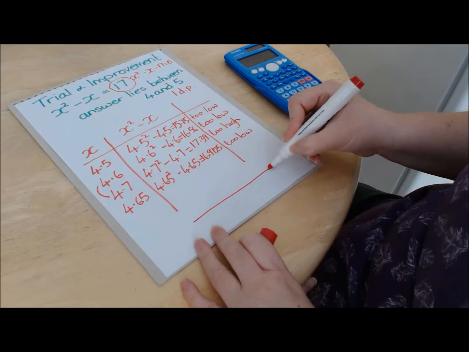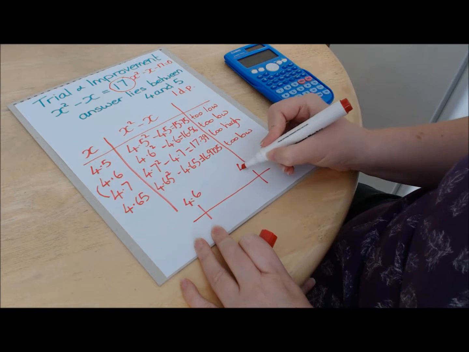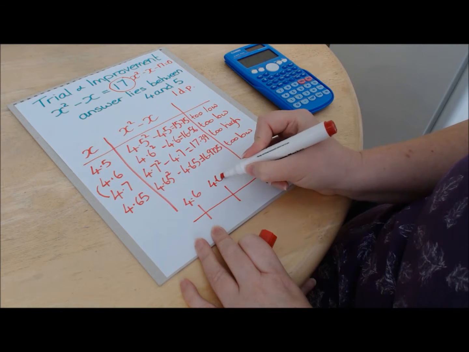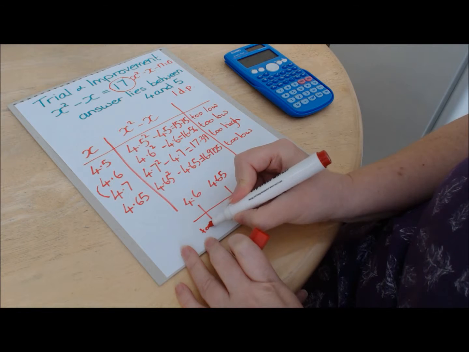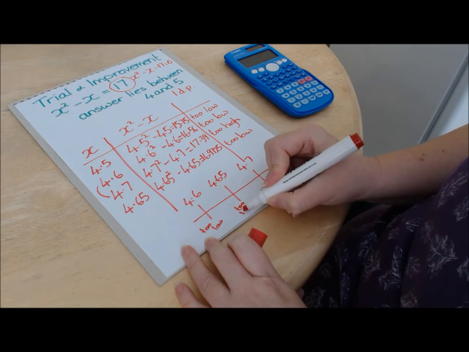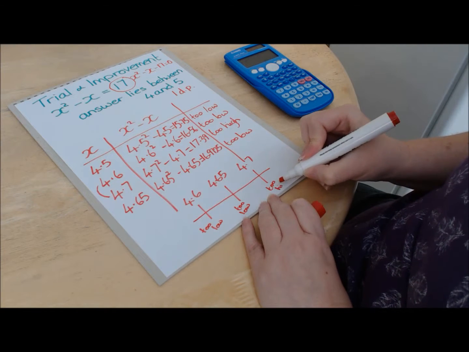So if we just look at this on a number line, we've got 4.6 and 4.7, those are our choices, and this is 4.65. So here is too low, here is too low, here is too high.